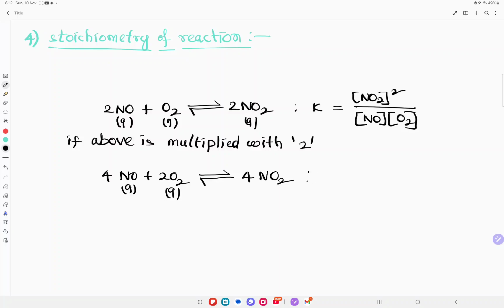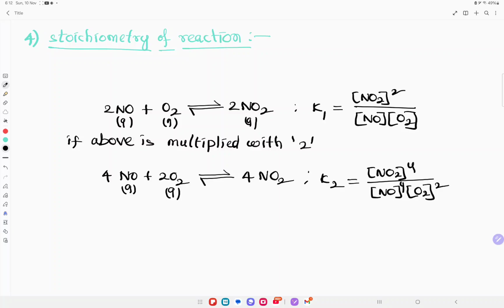For this, the equilibrium constant is K2, and for the first equation consider equilibrium constant K1. Then K2 is what? Molar concentration of NO2 raised to power 4 by molar concentration of NO raised to power 4, molar concentration of O2 raised to power 2.